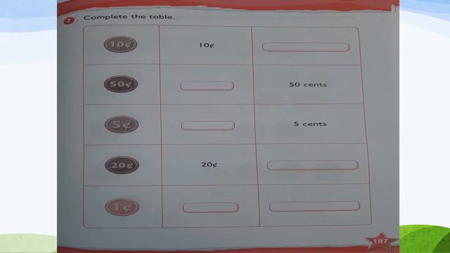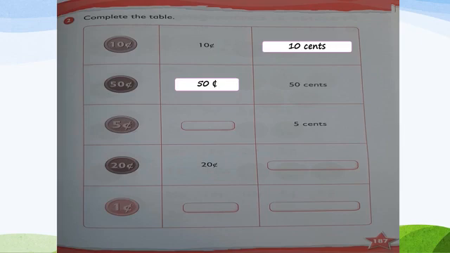Okay, are you finished? Okay, let me see if your answers are the same as my answers. For the first one, okay, 10 cents. Followed by 50 cents. Next, 5 cents.